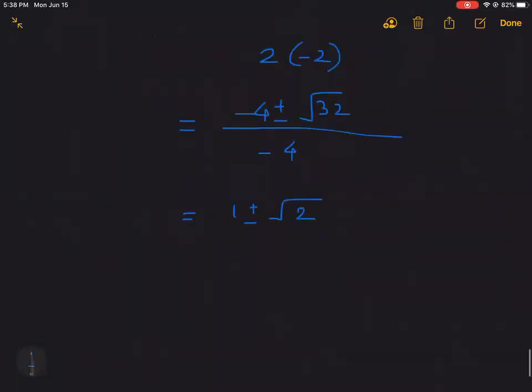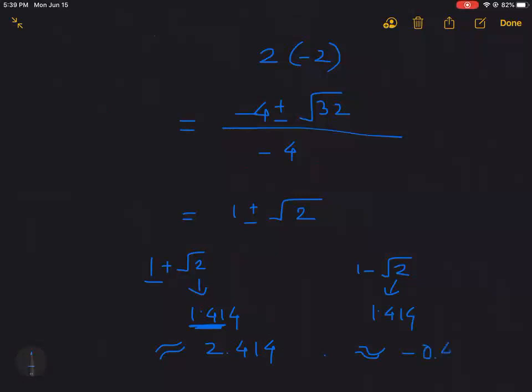So that means one of the intercepts will be 1 plus square root of 2. The other intercept will be 1 minus square root of 2. If you plug in 1.414 in place of the square root of 2, for the first one it will be a positive 2.414, as you can see, 1 plus 1.414. The other will be approximately negative 0.414, right?